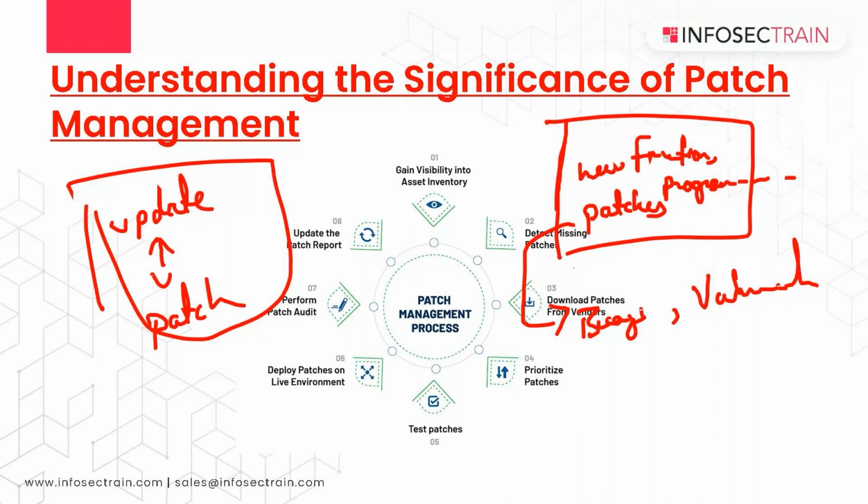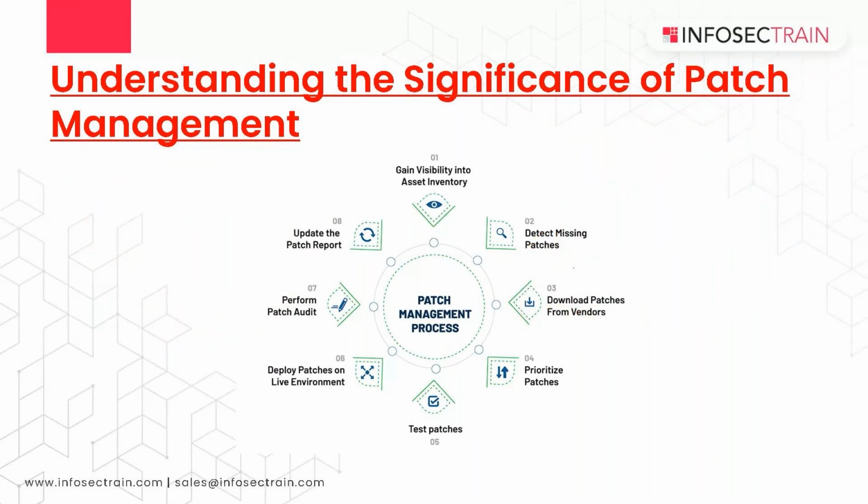After this, we have patch management. Over here, our patches help us mitigate a vulnerability. Let's say in our system we have a vulnerability, like we are using a service for FTP, such as very secure FTP.